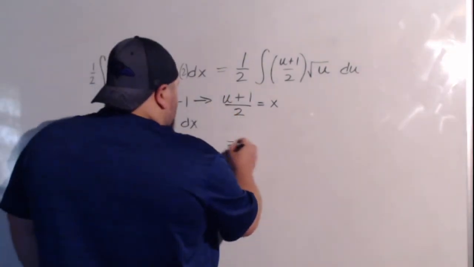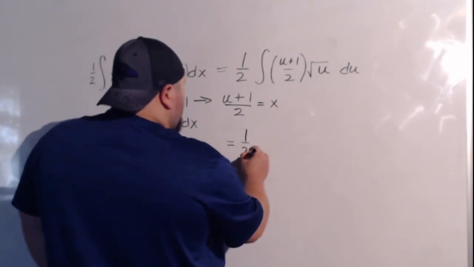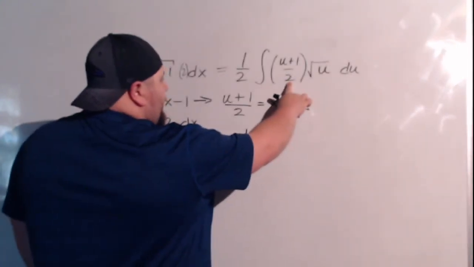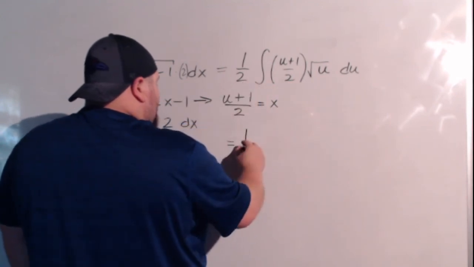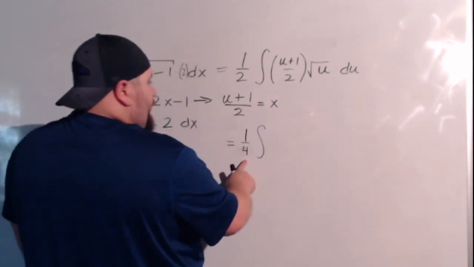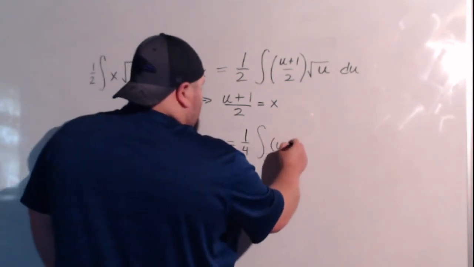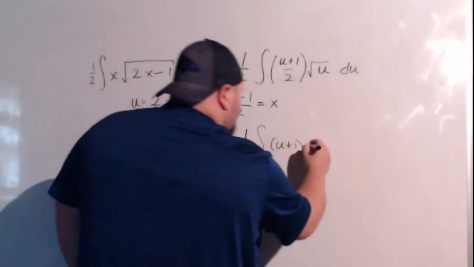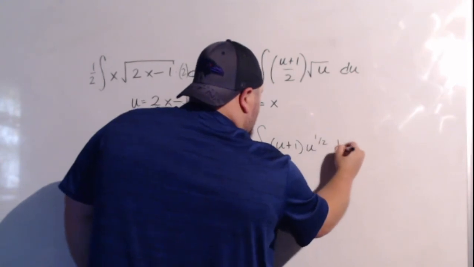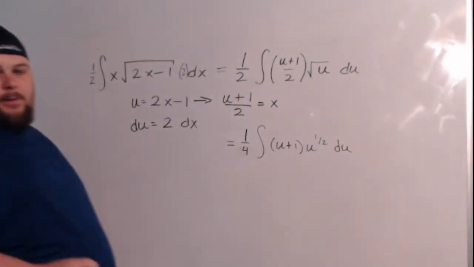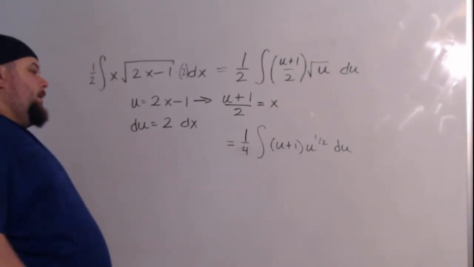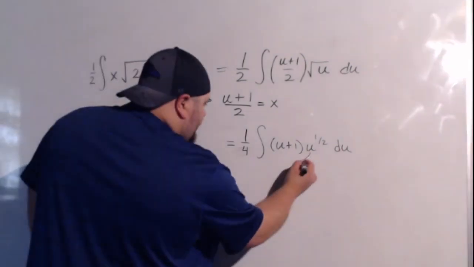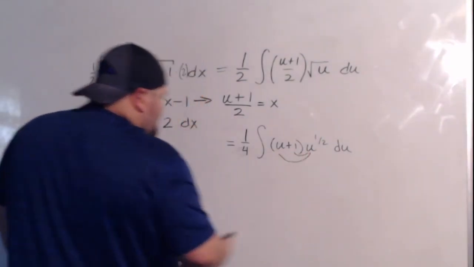So then I'm going to pull this 1/2 out in front. It's just a multiplier, so that makes it 1/4. And I'm going to make this square root into u to the 1/2. Then I'm going to multiply this in, distribute.